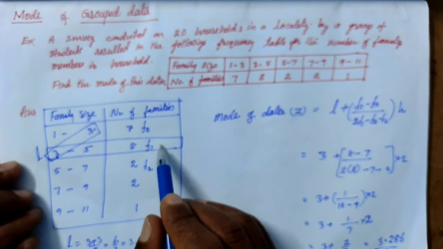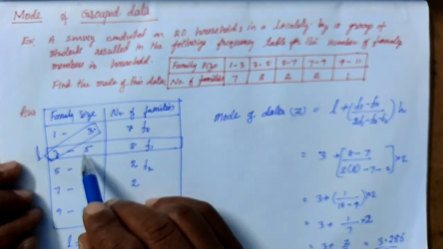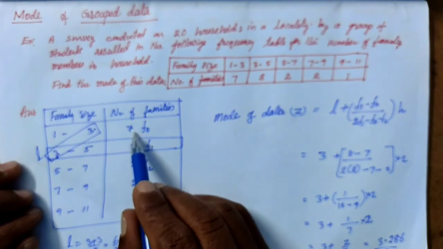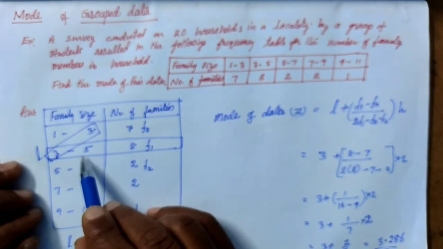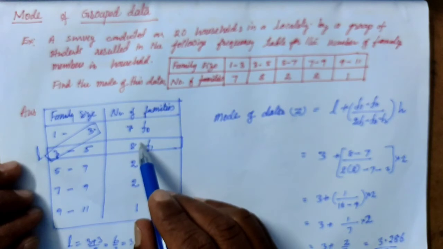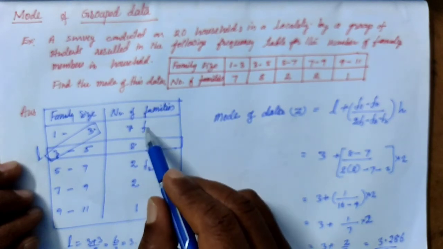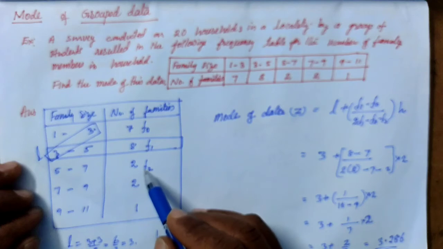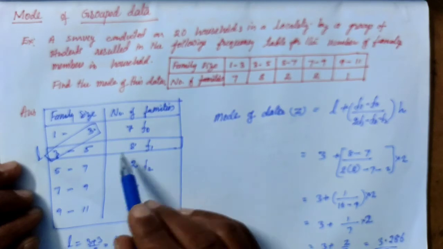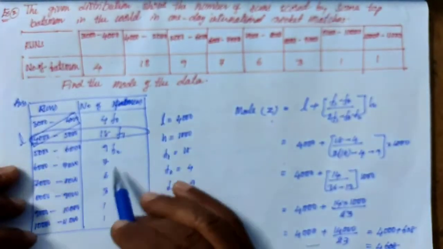The frequency preceding the modal class is this one, and the frequency succeeding the modal class is this one. The highest frequency is taken as f1, the one preceding it is f0, and the one after it is f2. We also have to find the mode of this classified data.